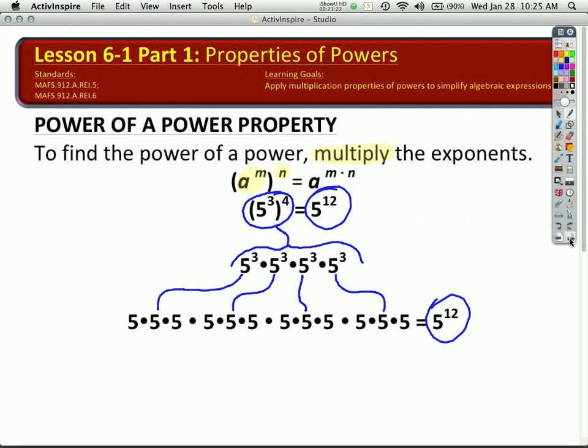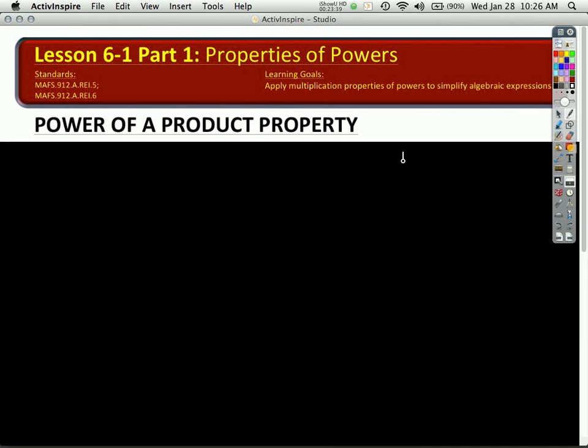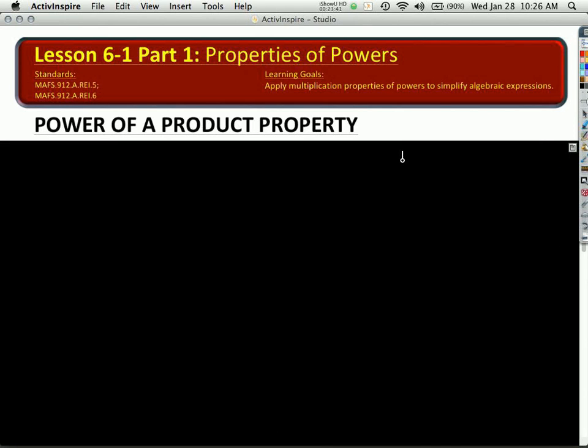So, the last. If I haven't confused you yet, I'm pretty sure I will now, because now we have power of a product property. The first one was product of a power.